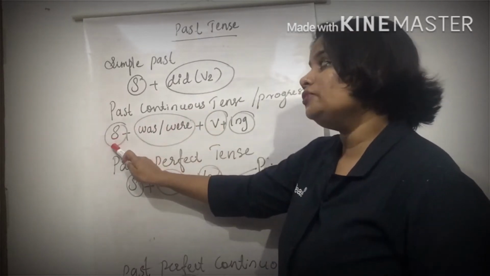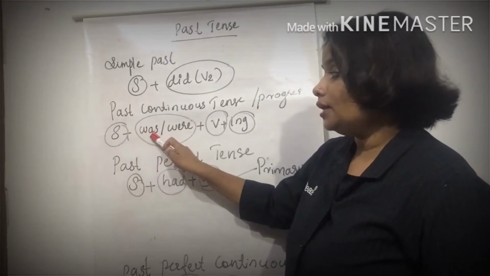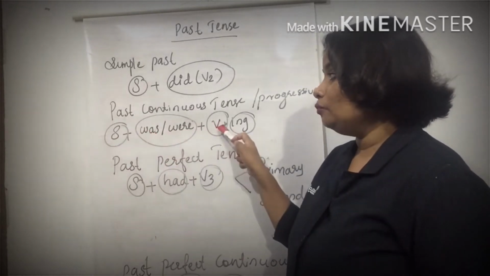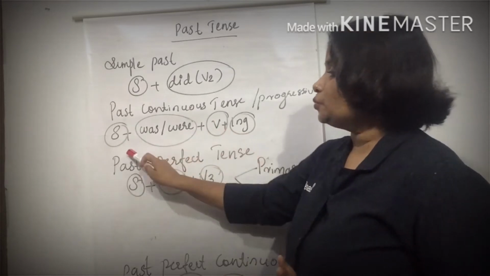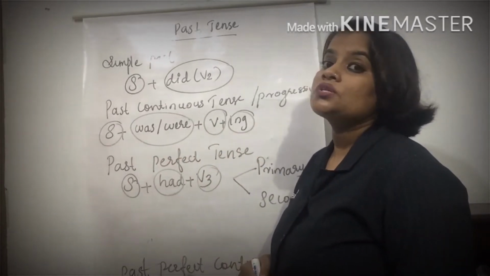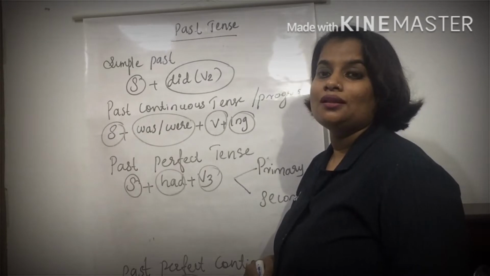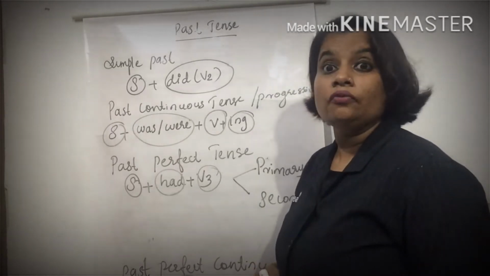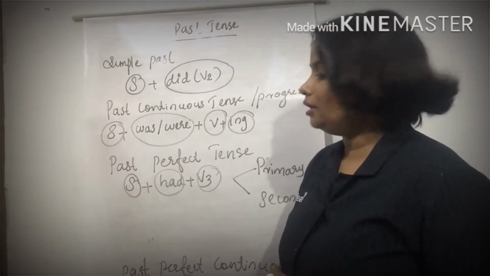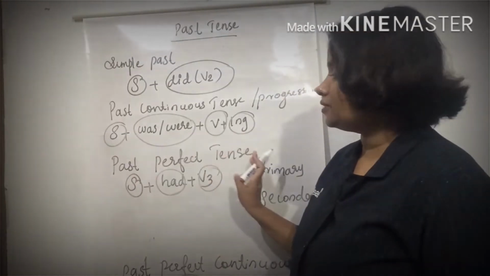The structure of the statement is subject, then the helping verb was or were, then verb plus ing. So you can write, I was writing a novel, she was writing a novel, they were playing football.